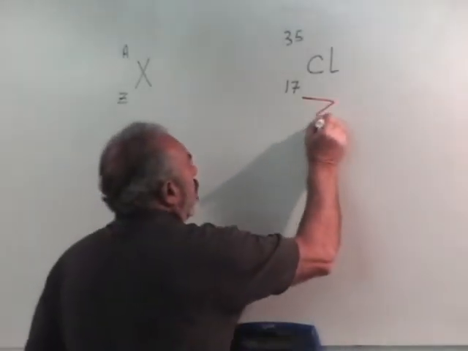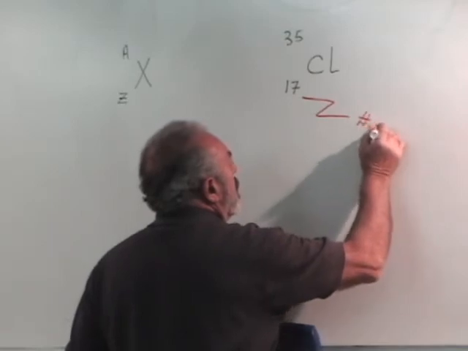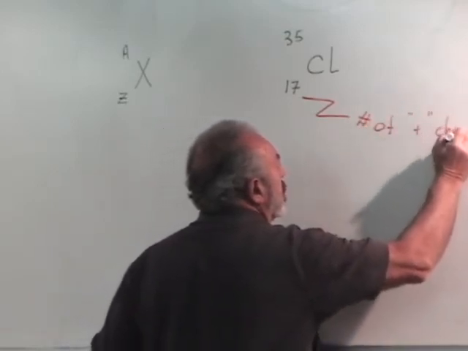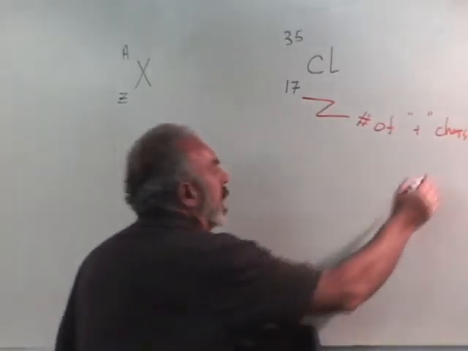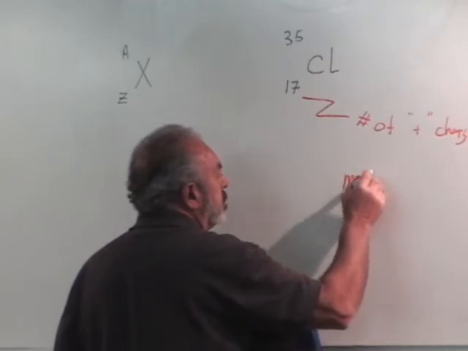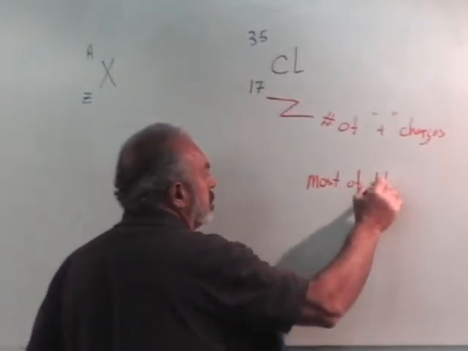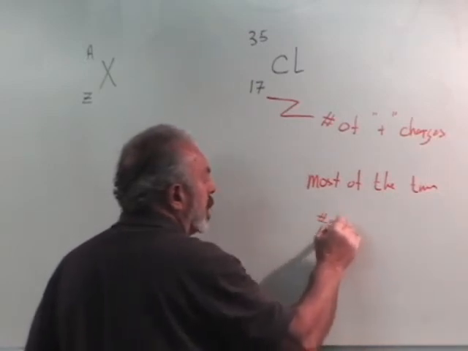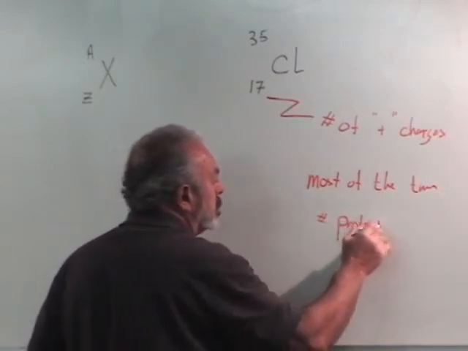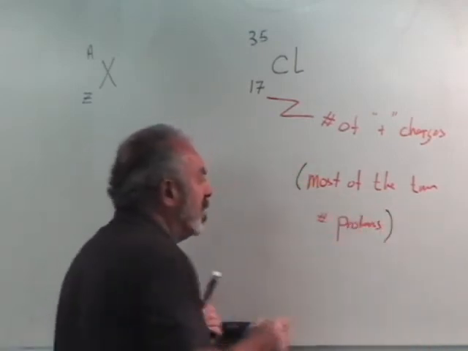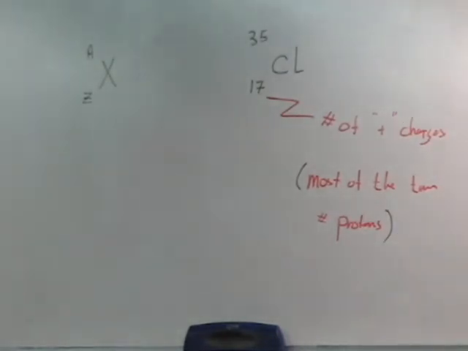This subscript is the number of plus charges. That's the number of plus charges. Most of the time, number of protons. But I'm going to put that in parentheses because obviously if I say most of the time it's the number of protons, not always, not always.